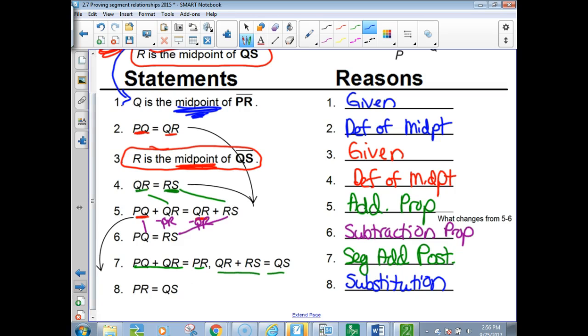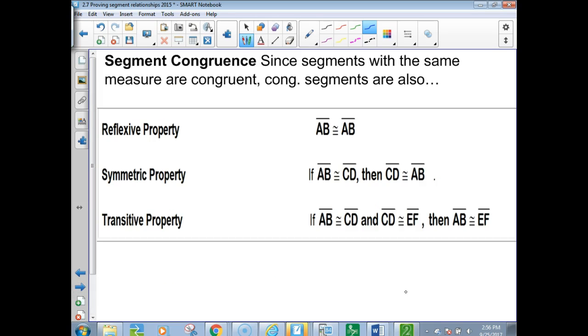All right, that's the first segment proof. Talk about these properties briefly because we've talked about them before, but now we're applying them to segments. So segment congruence, and segments with the same measure are congruent. Congruent segments are also the following. You can do reflexive property on them, which simply has them equal itself.